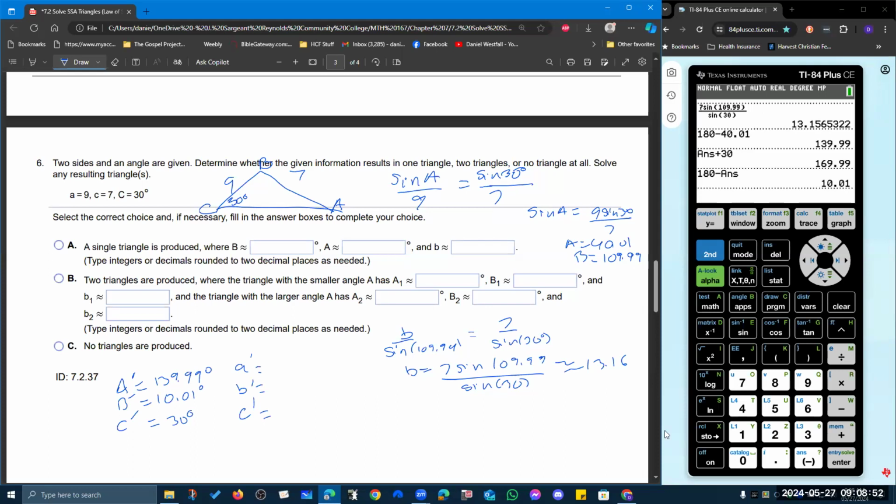Let's see, C is still 7 and A is still 9. So we need to solve for B prime. So B prime is to sine of 10.01 as 7 is to sine of 30 degrees.